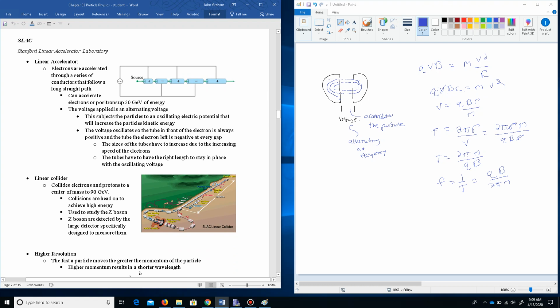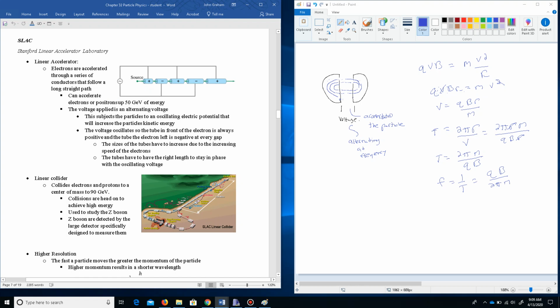And notice these get longer as you move through, and the reason why is because as it speeds up, it needs more length before that switch happens, so they can time it just right. And I guess sometimes they use positrons as well, so they may have this switched over.